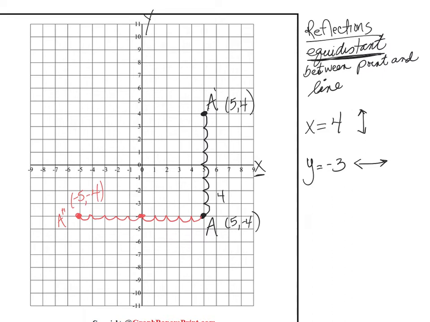Now, doing the reflections themselves is pretty easy because all we're doing is counting. What can be tricky is if we're asked to reflect over a specific line. So in this case, I use the example x equals 4. Well, x equals 4 is going to be a vertical line because I have to go through the x-axis at positive 4. So that's going to look like this. Okay, so this is x equals 4.